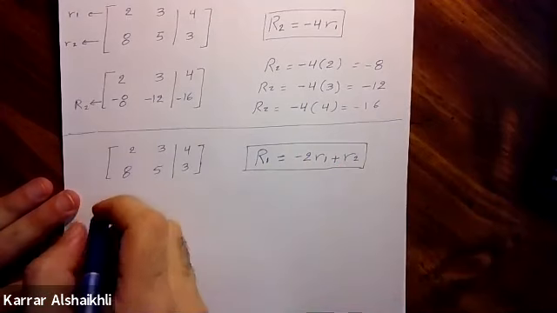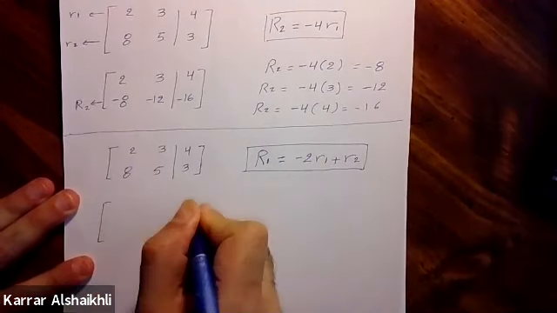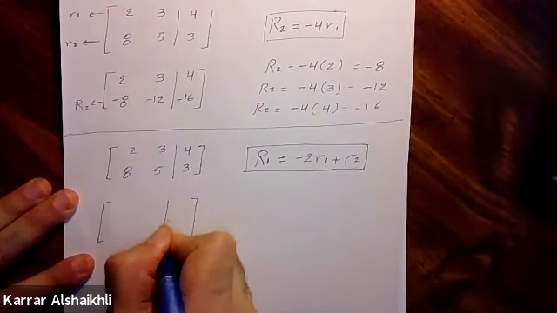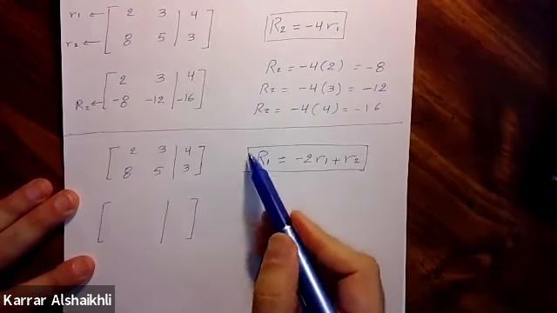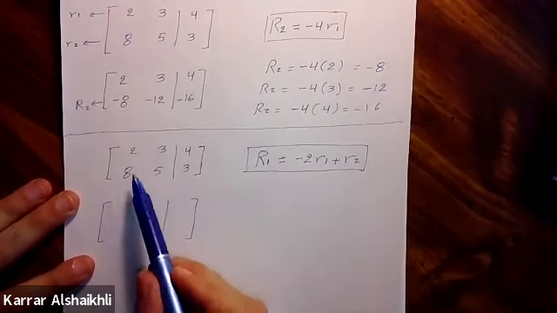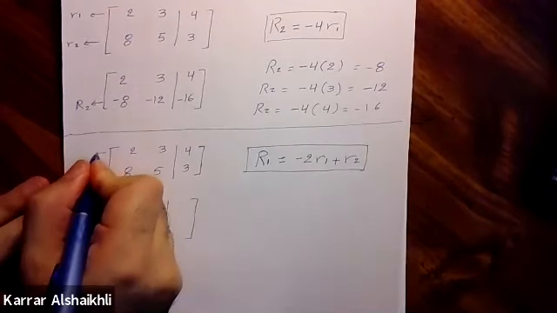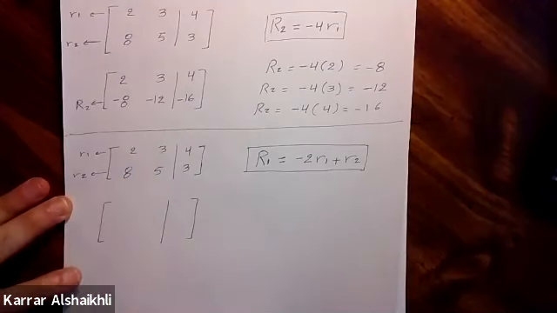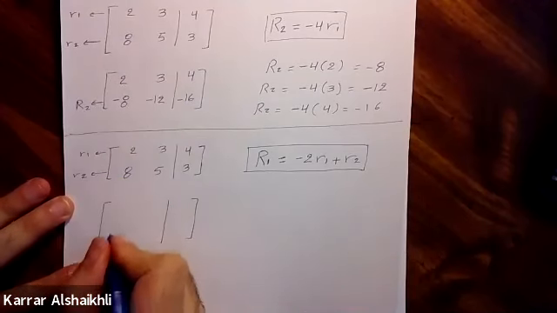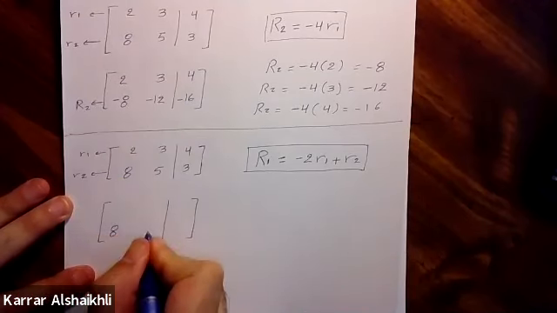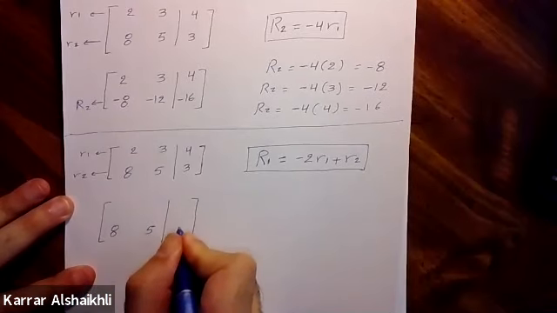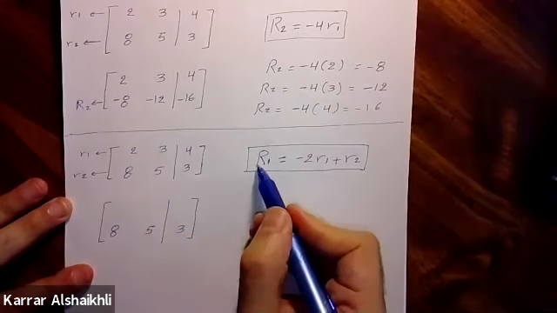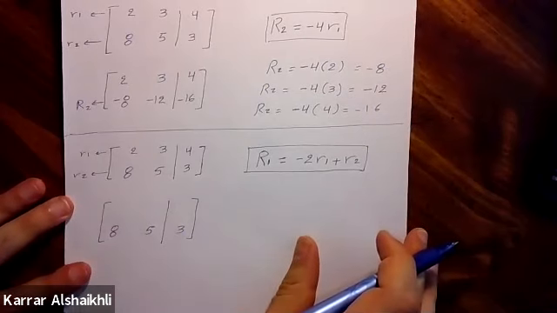Let's do this one. That means here's the new matrix. I'm going to get a new row 1. That means row 2 is going to be exactly the same. This is R1. This is R2. So R2 is going to be exactly the same. There is no change on R2 because I'm going to get a new row 1.